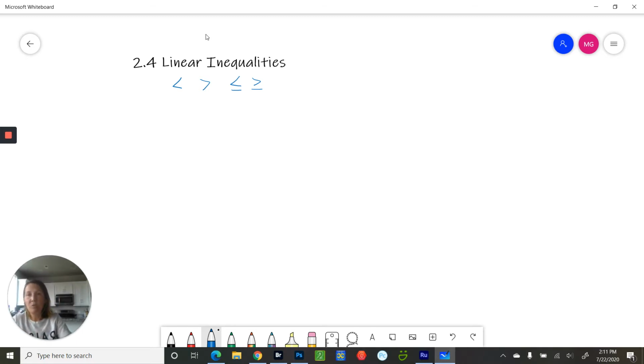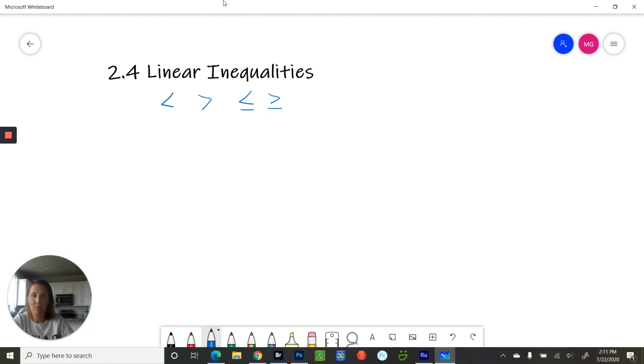Now, when you've used inequalities in the past, you've probably seen them written like this. A lot of times we're going to start out with writing them on a number line. So let's say you had x is greater than 2.